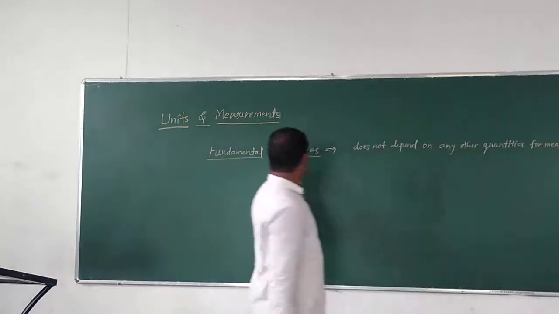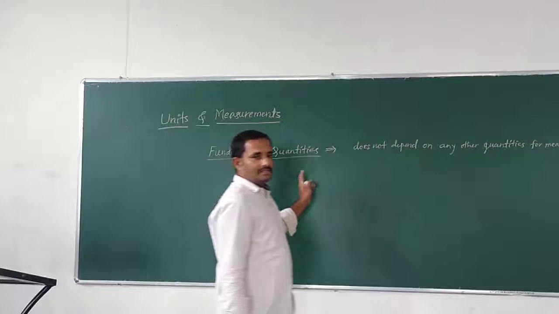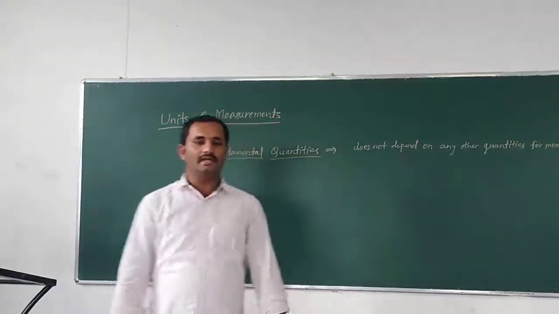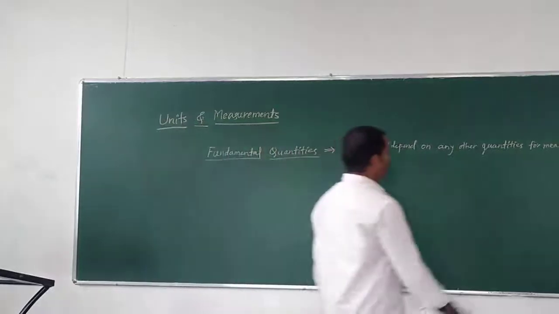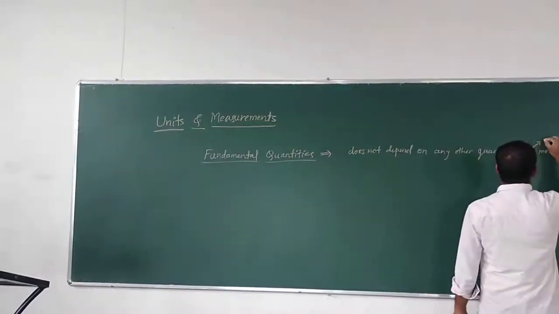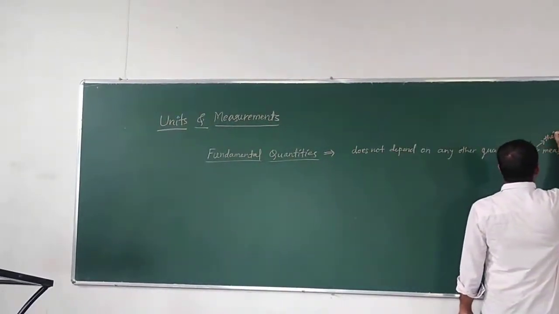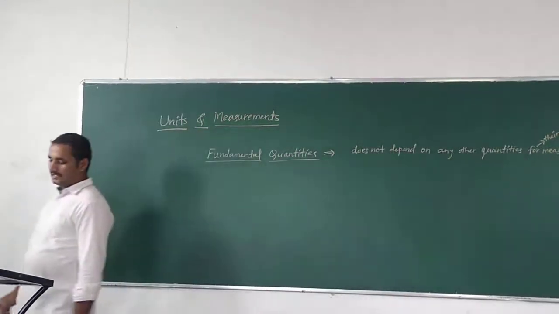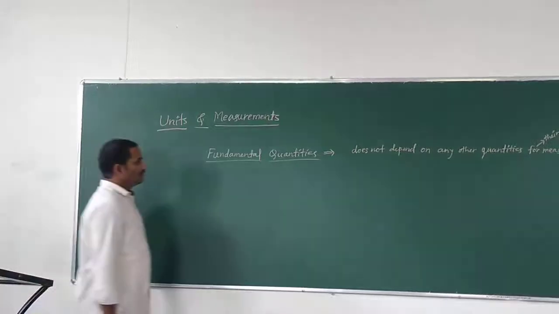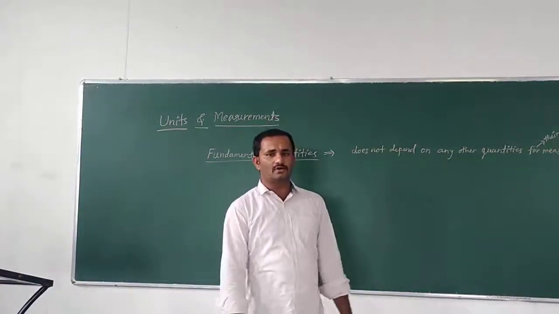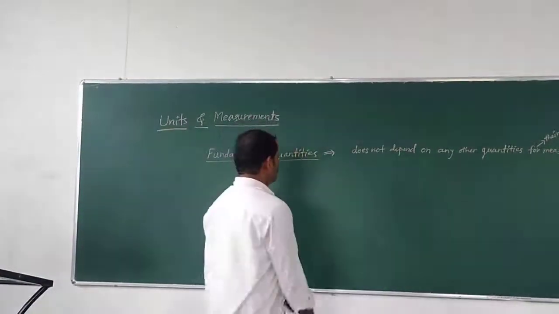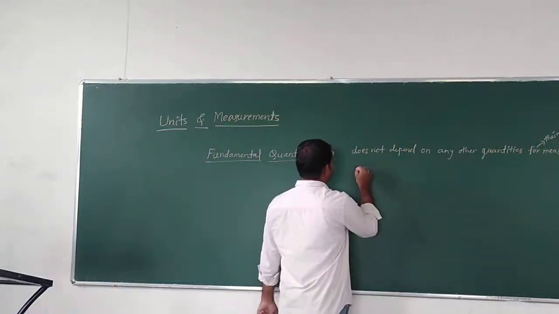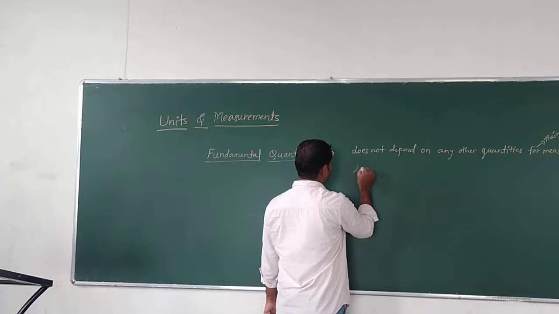So these quantities do not depend on any other quantities for their measurement. So these type of quantities are called fundamental quantities. So what are the fundamental quantities now? So there are 7 fundamental quantities.